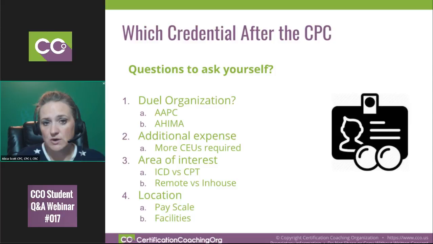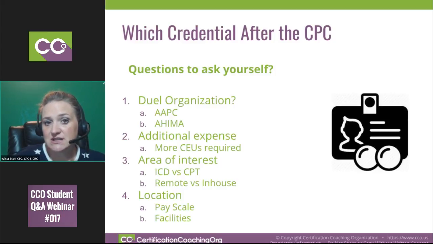are for one organization. But when you get into specialty credentials, you're required to get a certain amount of specialty CEUs for that particular specialty, in addition to your regular CEUs.